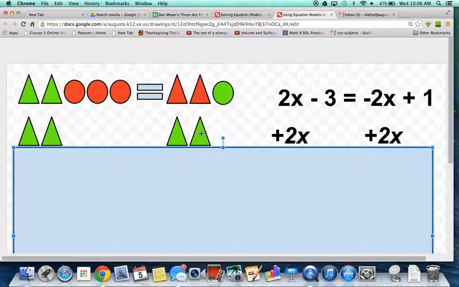And remember, since it's a balance scale, whatever I'm modeling on the left, I'm going to have to do on the right. So a red and a green cancel out, because that's a negative and a positive. You've created 0 pairs. So what it looks like in the equation is that I'm adding 2 positive x's to both sides.